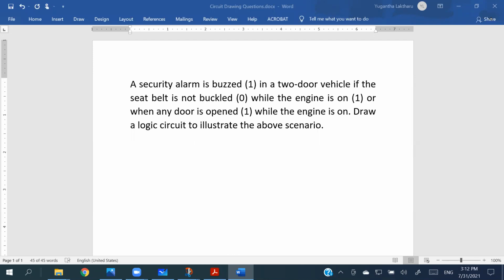Right? Okay. So by reading this, what is the output and what are the things that control the output? Give me the answers, people.